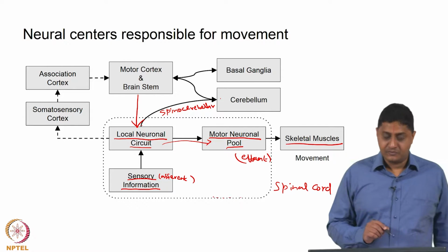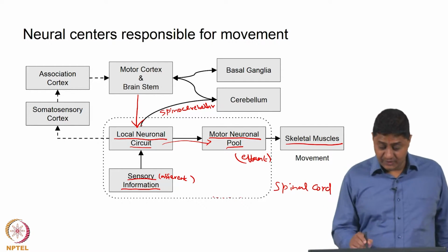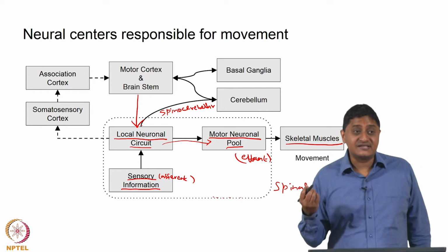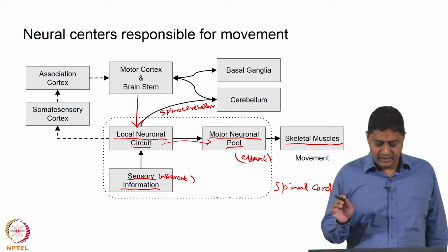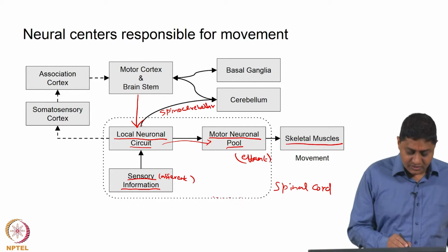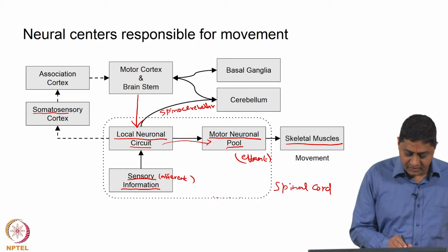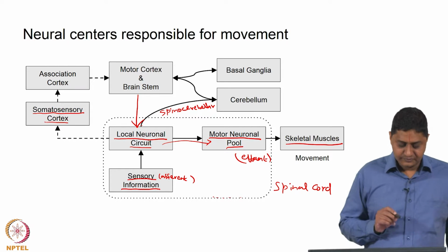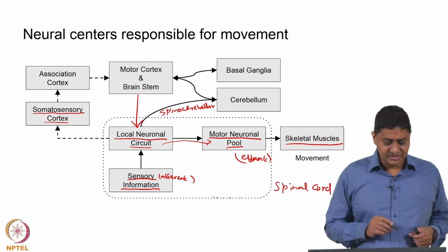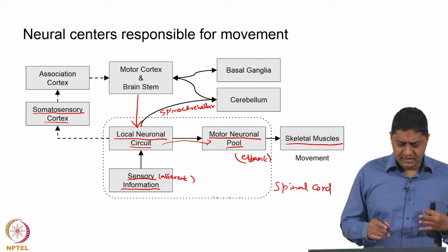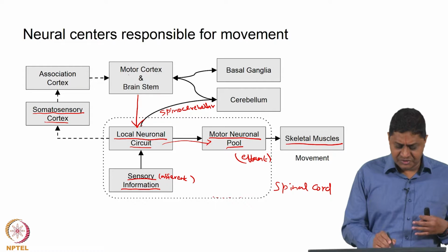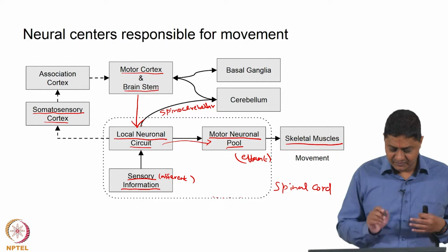Through this pathway, information reaches the cerebellum and it is processed somehow, and it also goes to the somatosensory cortex, right. Information reaches the somatosensory cortex, and through association cortices it indirectly contributes to the control of movement via the motor cortex and the brainstem.